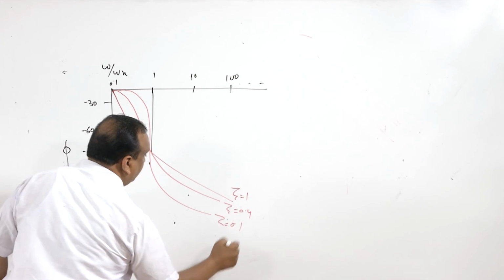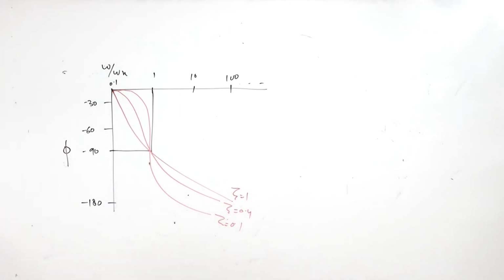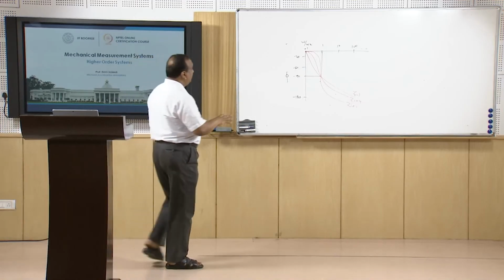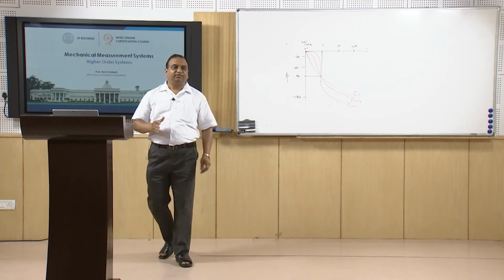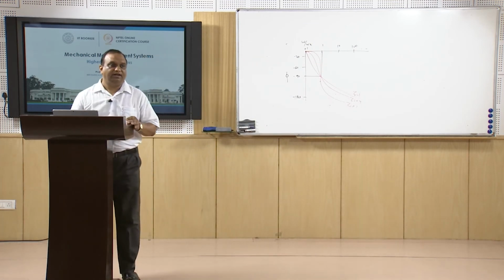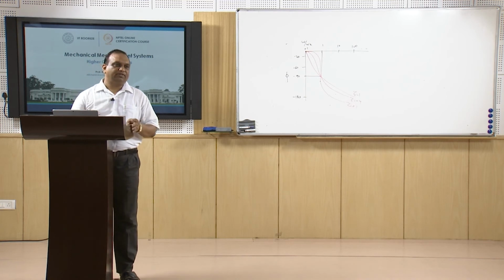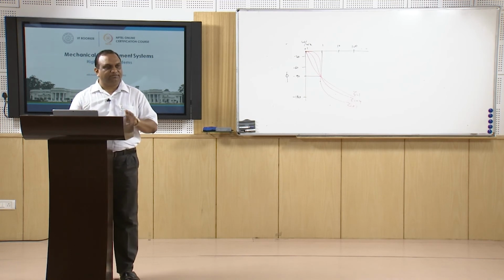These are the characteristic curves. They are only representatives, so that you can have an idea how the phase lag is varying and how the magnitude of the system is varying. It is very interesting to note that after 10 decibels, in both the first order system and the second order system, the variation becomes linear.